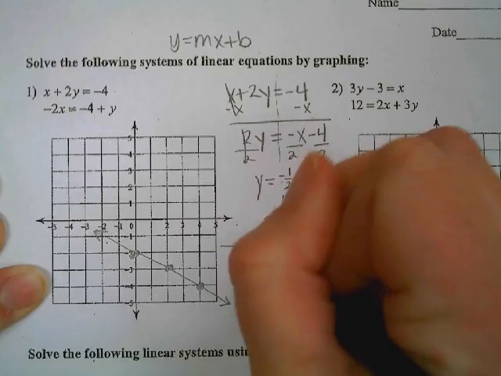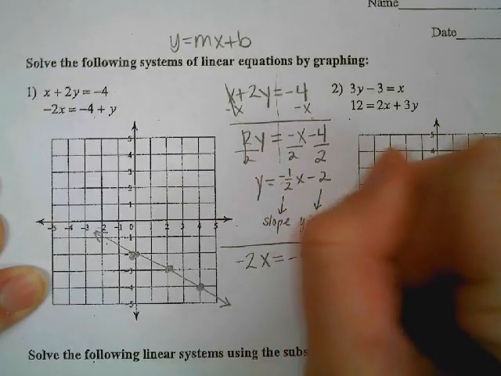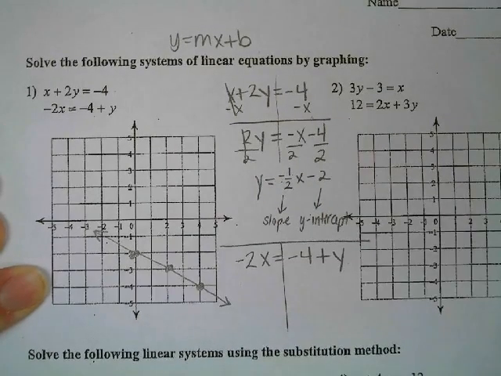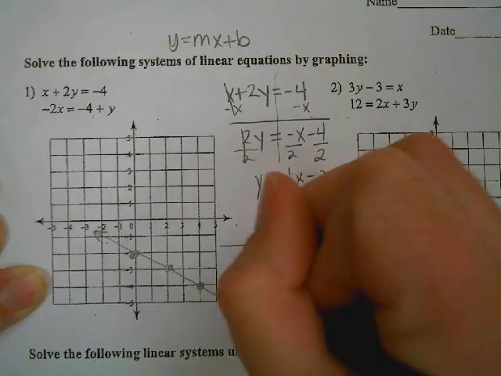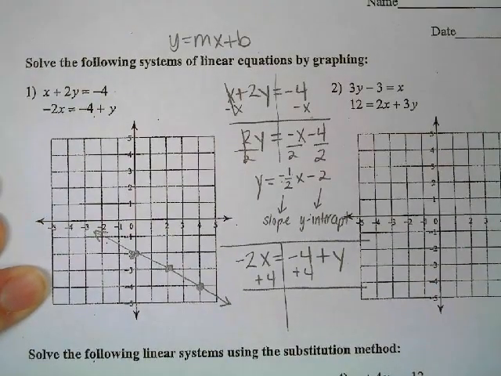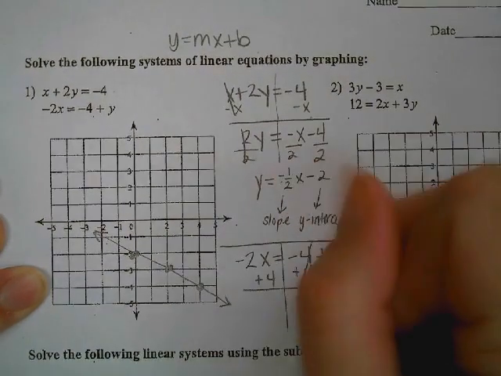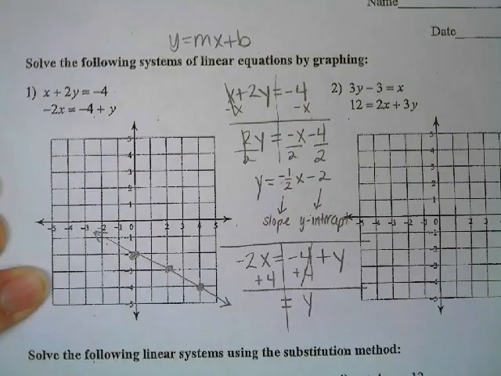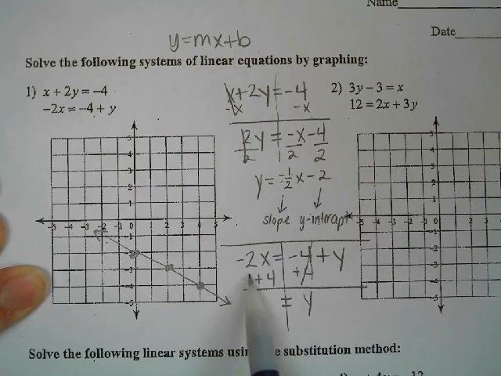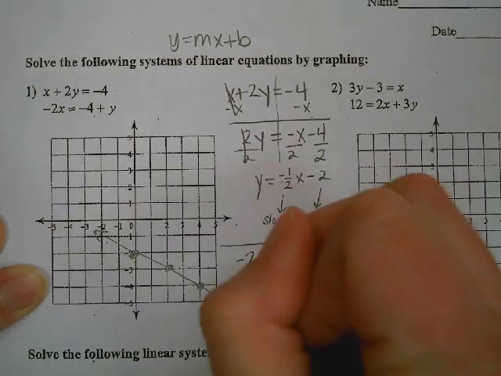So the second equation is negative 2x equals negative 4 plus y. So to get y by itself, you would simply add 4 to both sides. So now I have y all by itself on the right-hand side. And then the left-hand side is just negative 2x plus 4.